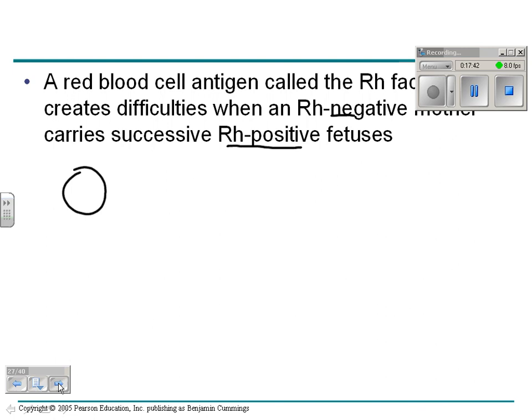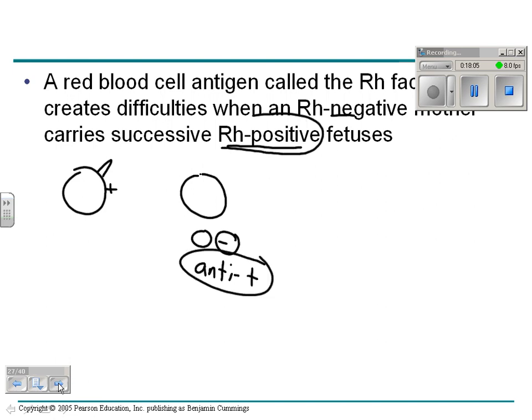So on your blood cell, you can have an A antigen and an RH plus antigen. If somebody is RH negative, so let's say mom is O negative, that's what her blood cell would look like. That means she produces anti-positive antibodies. So when she has a positive fetus, there could be a problem.